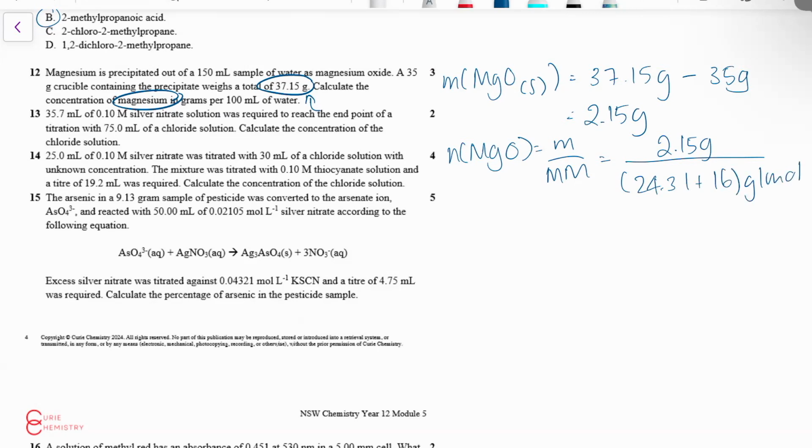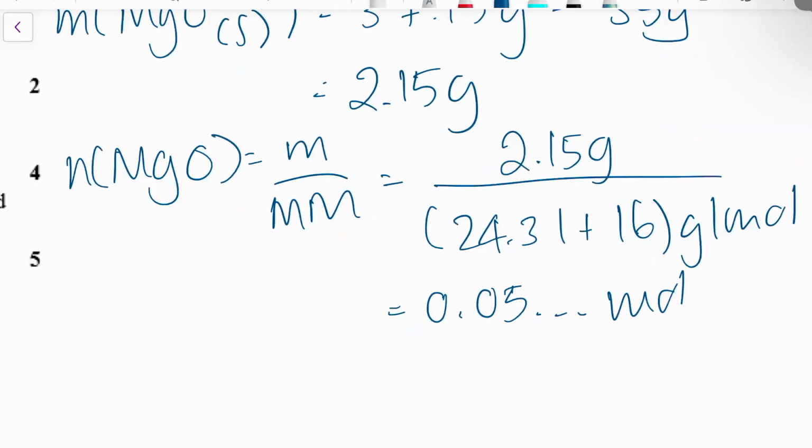So what's the molar mass of magnesium oxide? That's 0.05 dot dot dot mole. All of the magnesium is precipitated out as magnesium oxide. So what's the ratio of magnesium to magnesium oxide? 1 to 1.